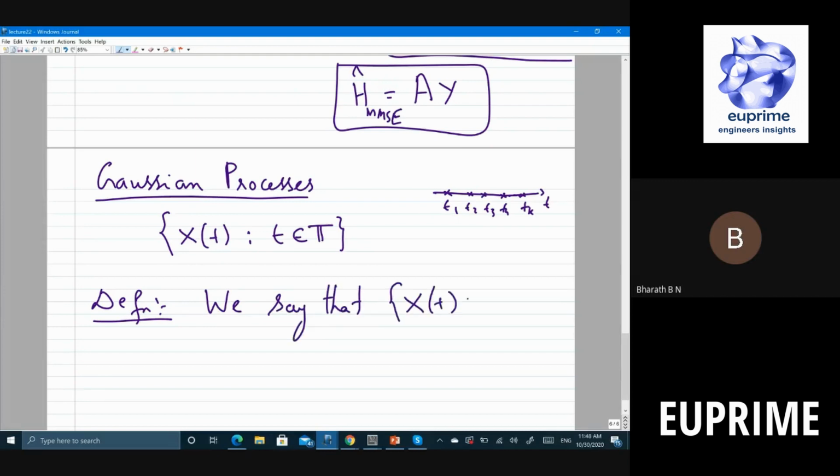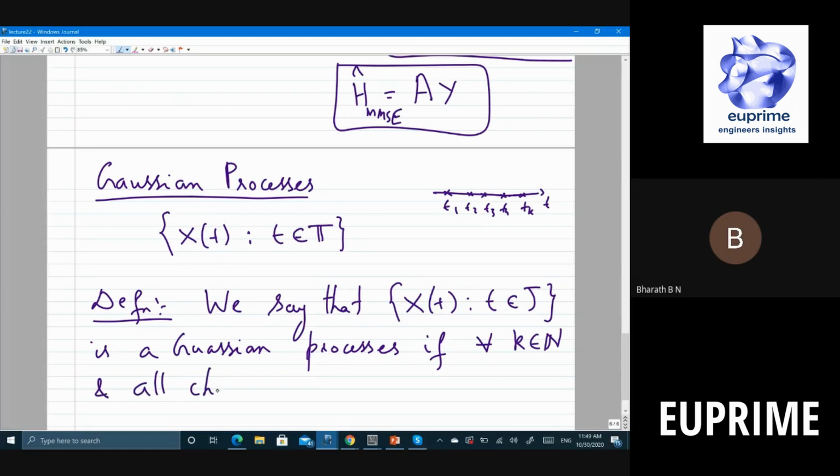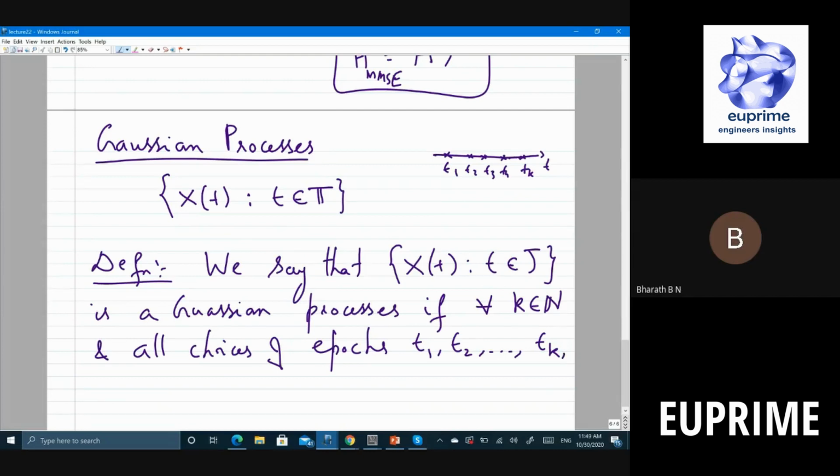We say that x of t, with t belonging to some T, is a Gaussian process if for any k belonging to N, that means you take any integer, and all choices of epochs, I'll use the terminology in the book, epochs, that is the time instances, T1, T2, etc. Tk, if you look at x of T1, x of T2, etc., x of Tk, it is jointly Gaussian.